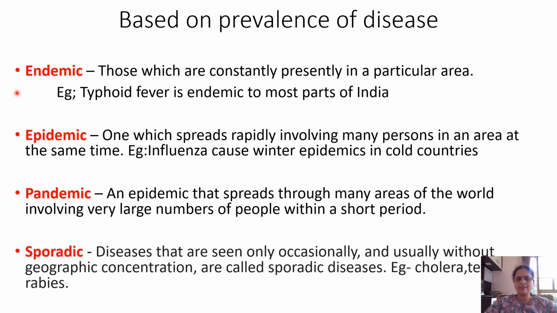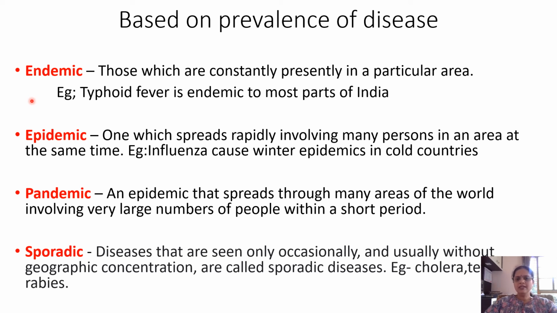Endemic diseases, the diseases which are constantly present in a particular area. In a small area, this disease is constantly present in a small population. For example, typhoid fever. Typhoid fever is endemic in most parts of the country, that is India.